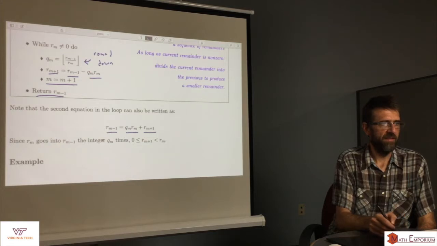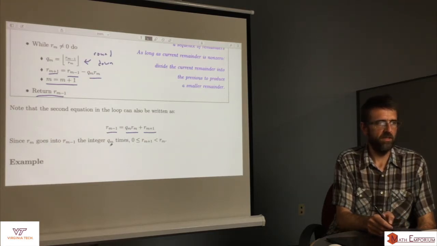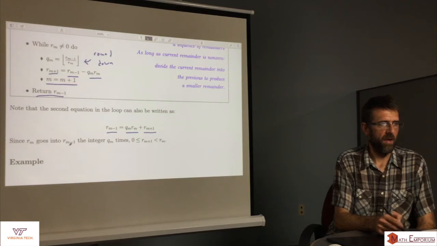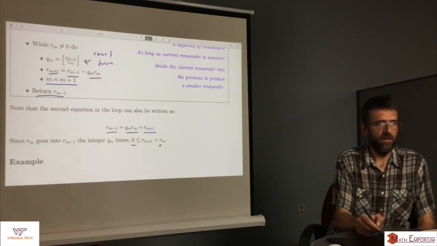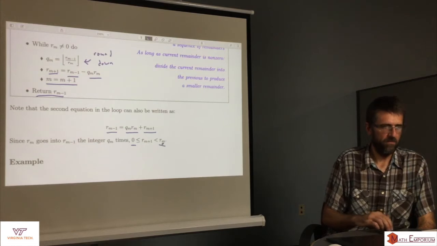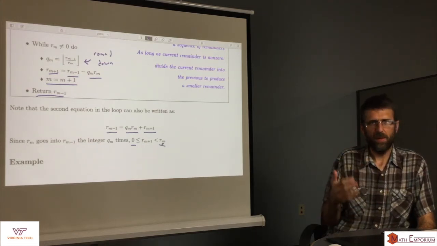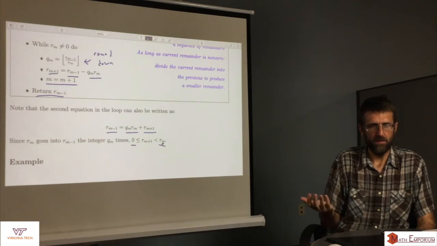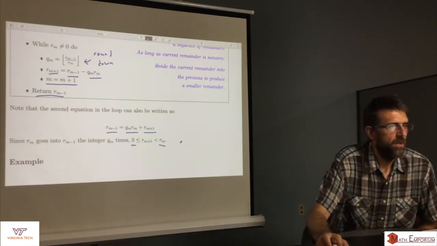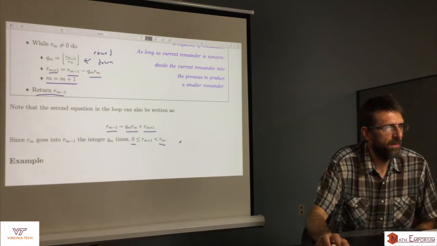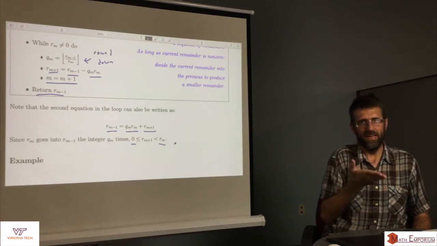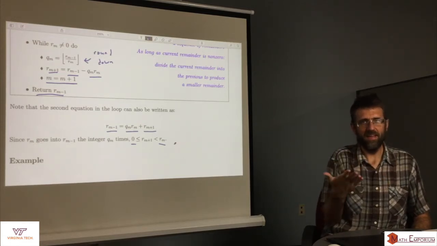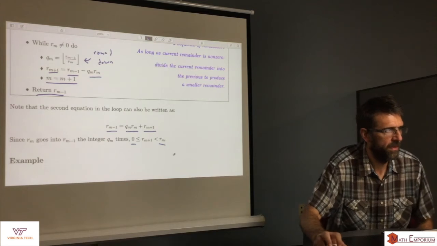And since q m is the largest integer number of times that r m goes into r sub m minus 1, that means this remainder is necessarily going to be non-negative, but less than r m. So that's why we say this is just repeated division with remainder. Note that the algorithm will, in fact, always terminate, because the sequence of remainders is always getting strictly smaller, but always non-negative, so I'm going to have to hit 0 eventually.